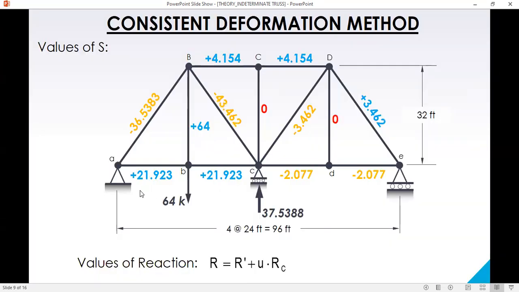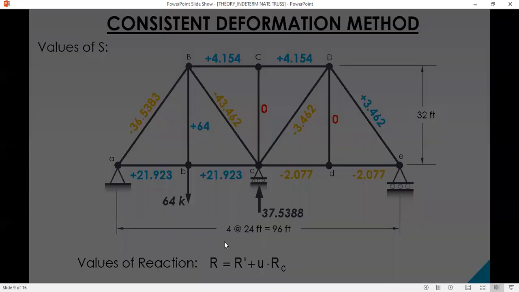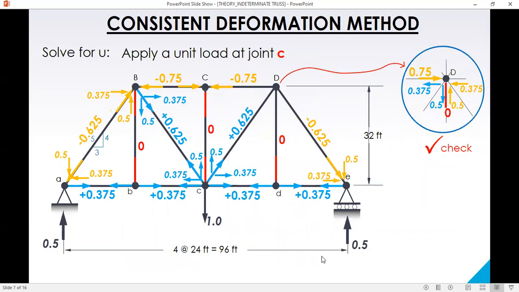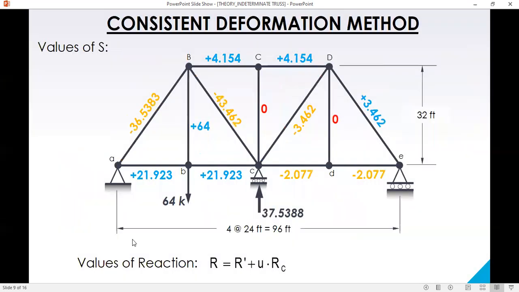So, 48 for this one, 16 for this one. And U is 0.5 and 0.5. So, 48 plus 0.5. Our RC is negative. Okay, the result is 48 plus 0.5 times negative 37.5388. The result is this.